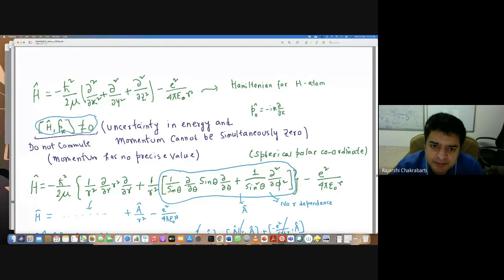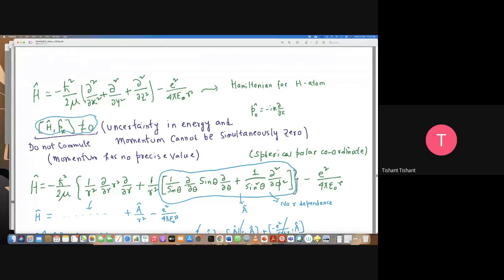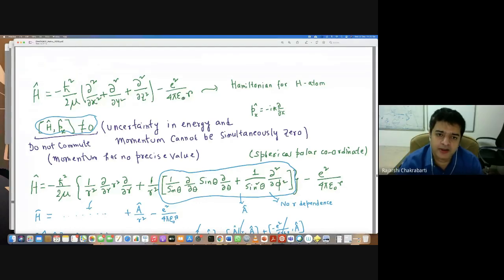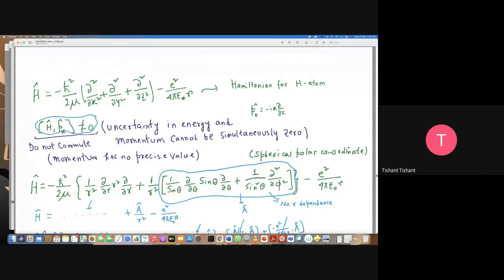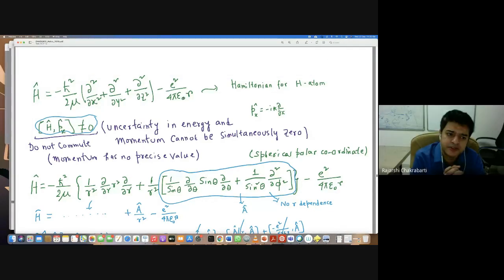Any direction you go from the origin, the potential energy depends only on the value of r, not on theta or phi. Actually, this is an example of what is known in classical mechanics as the central force problem. Is this clear?